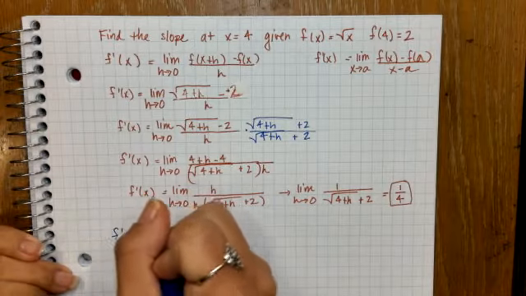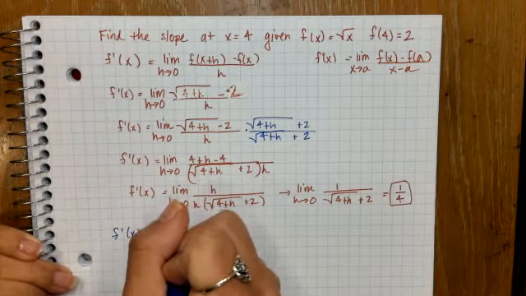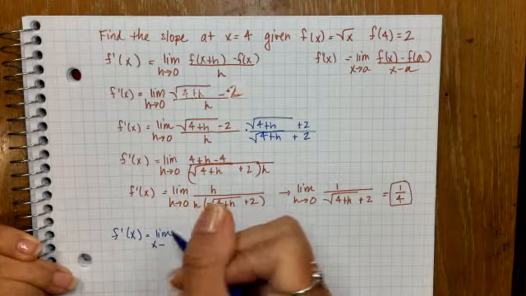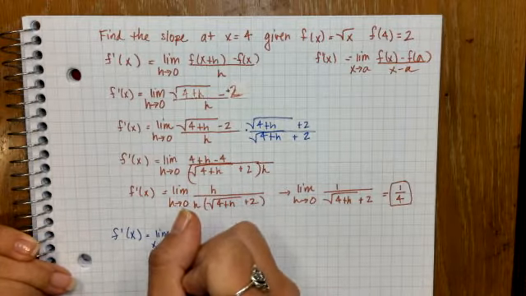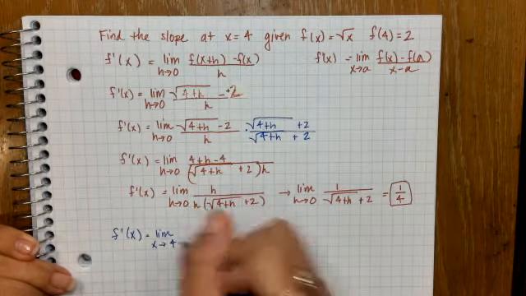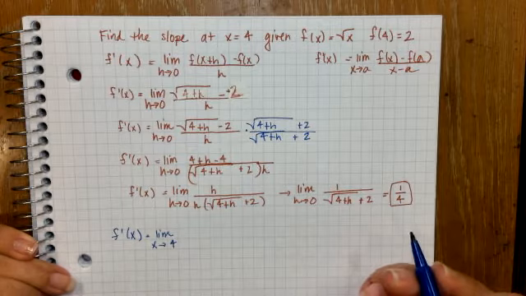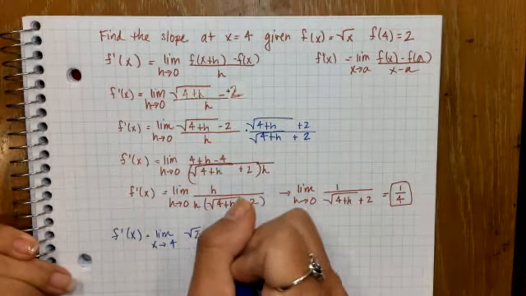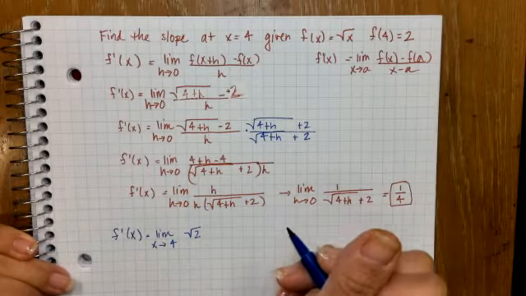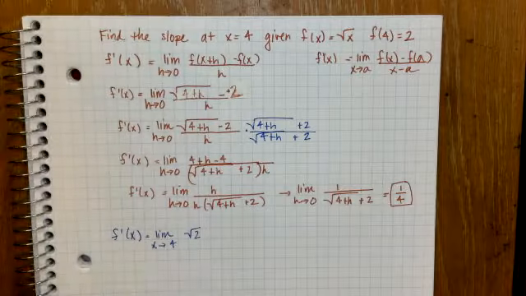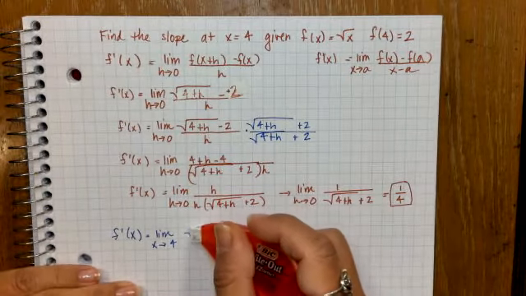Okay, so now when I find the limit as x approaches a, which in this case is 4, f of x is root x.